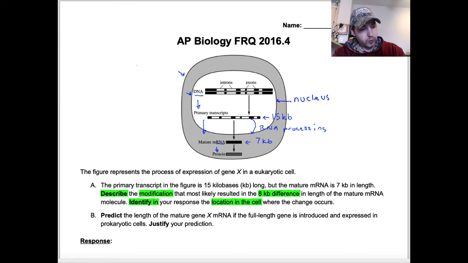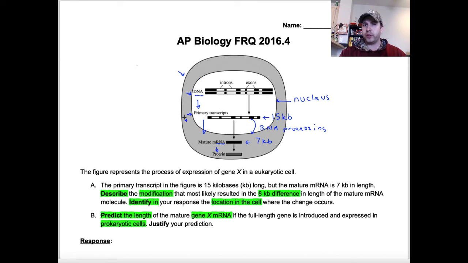So the first thing that we're going to do is identify that task verb. We're going to predict the length of this particular gene X mRNA under the conditions of being in a prokaryotic cell. So really what it's asking for us is to examine how do eukaryotic cells express their genome differently from prokaryotic cells. And what we know is a eukaryotic cell is going to separate that between the nucleus here and the cytoplasm out here.